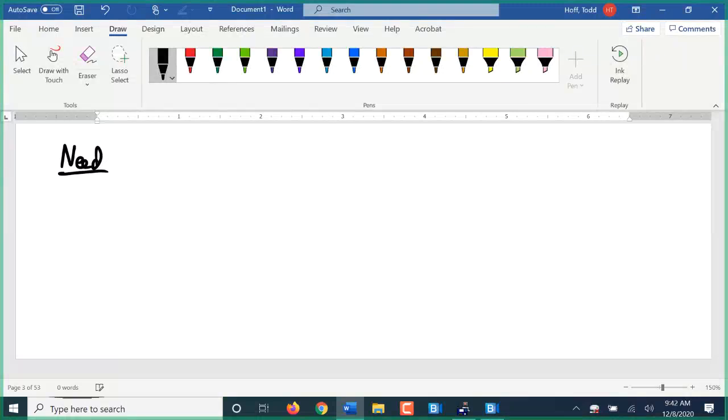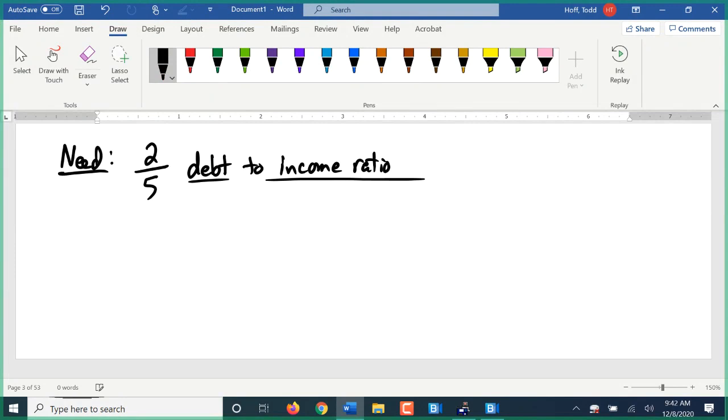Let's say that for a loan, you need a 2 to 5 debt to income ratio. You currently have, between credit cards, car payments, and everything else, $700 a month in debt payments.